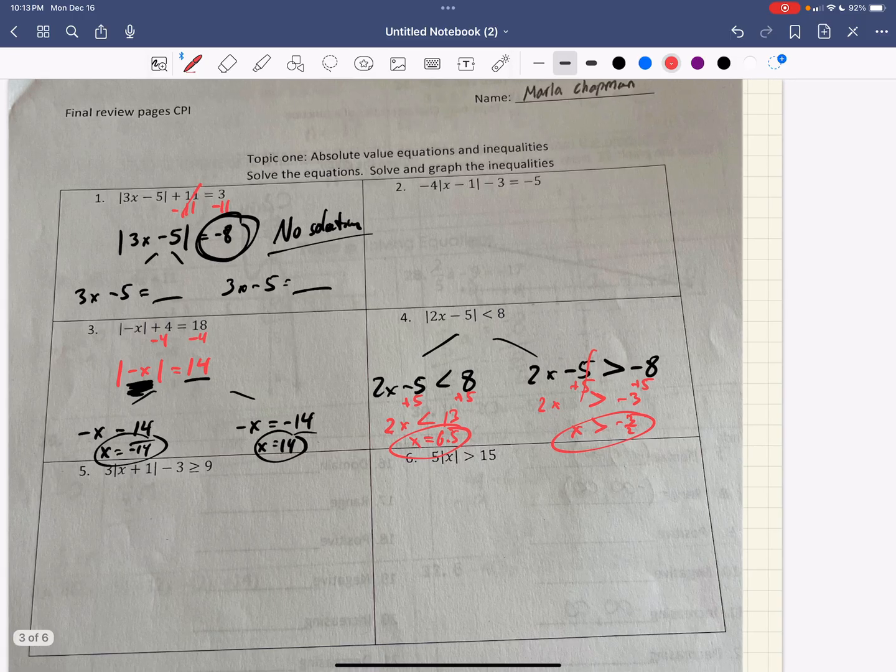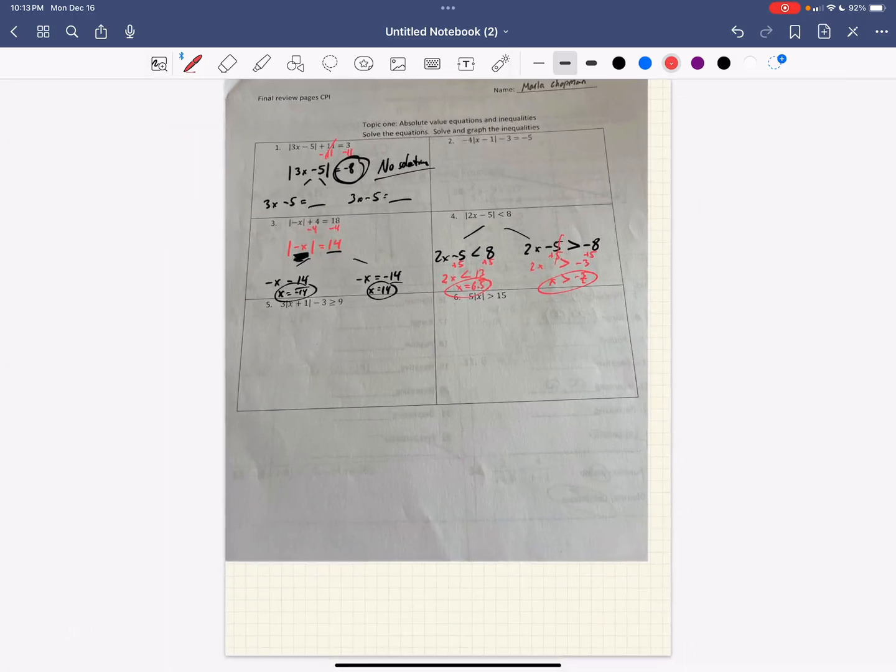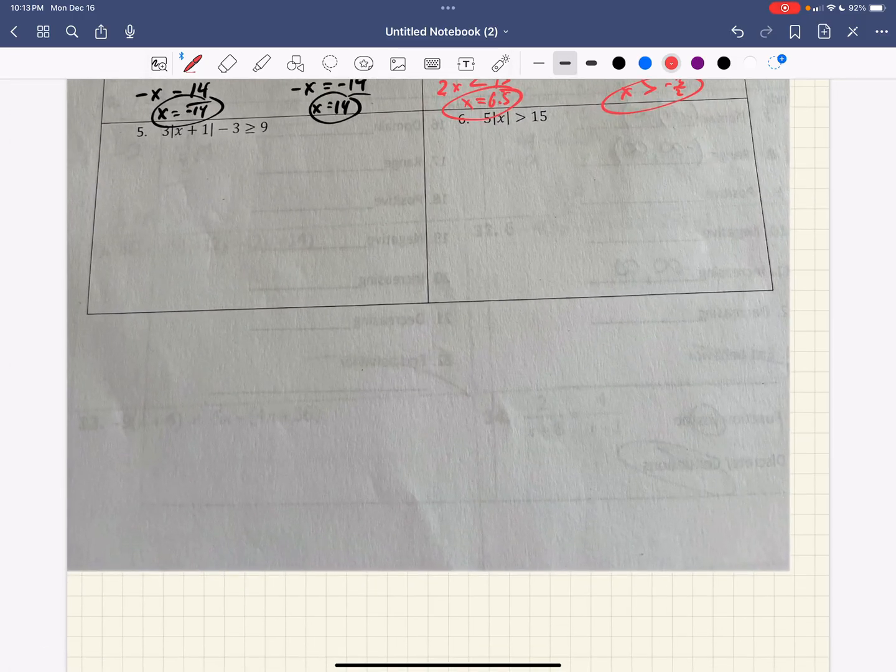Same thing when we deal with solving inequalities. So let's say I had something to this effect: negative 2x plus 8 is, let's make it greater than or equal to 18.